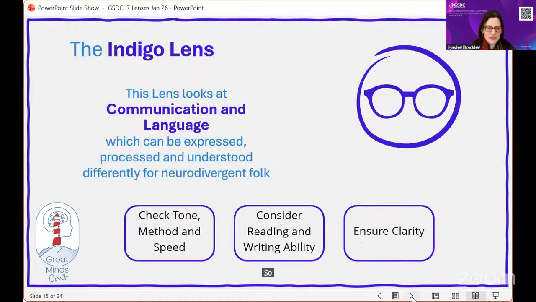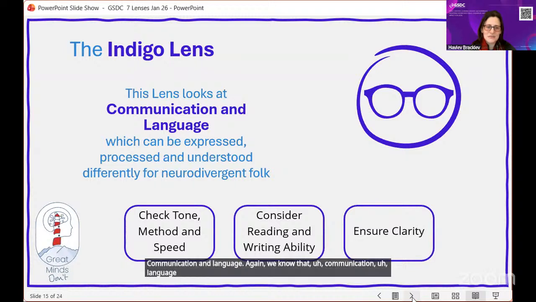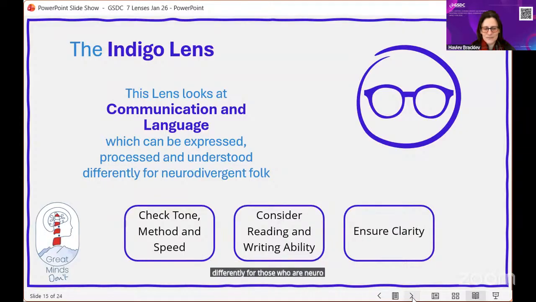So we've got just a couple more. Our indigo lens, communication and language. Again, we know that our communication, our language can be expressed and processed differently for those who are neurodivergent. What we mean by this is, we may find that somebody understands the spoken word more slowly and needs more time.